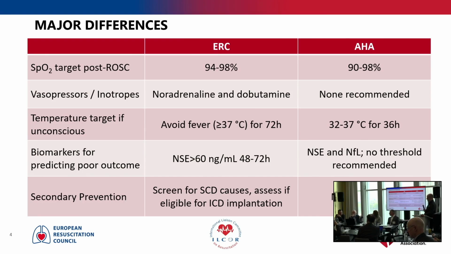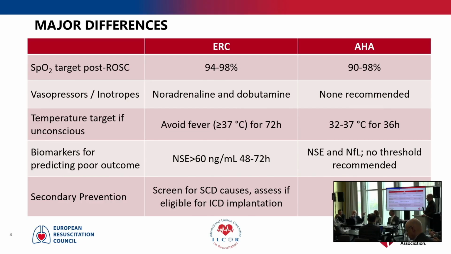Do you have this? Do this. Do you have that? Do that. And so since we have an algorithm, we need a cutting point in which you change your behavior and you formulate a prognostication. And the NSE with a threshold has been added only in 2020 and reiterated in 2025 guidelines.